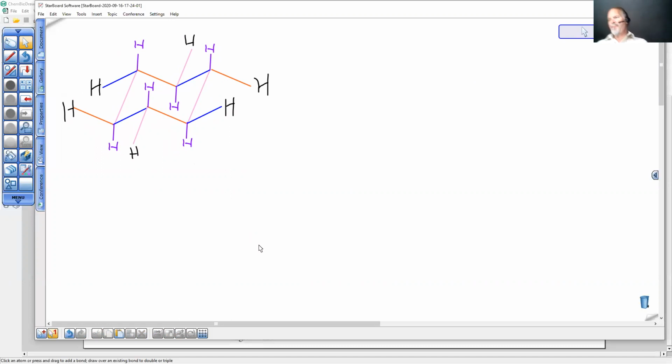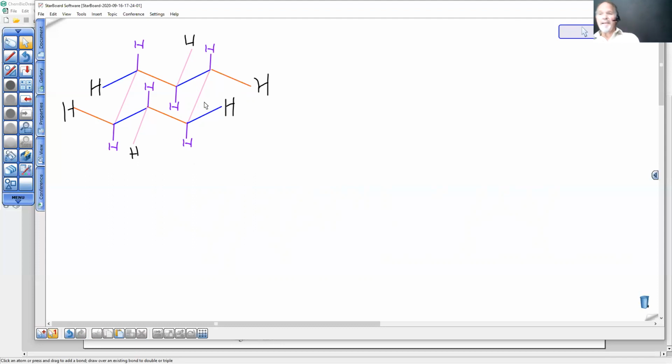Before I start putting groups on it, I forgot to mention, this is only half the time the molecule's in this chair. And I haven't told you the secret to the chairs. Because of the rotations that we did, the H that is right here straight up is 60 degrees away from this one and negative 60 from this one.